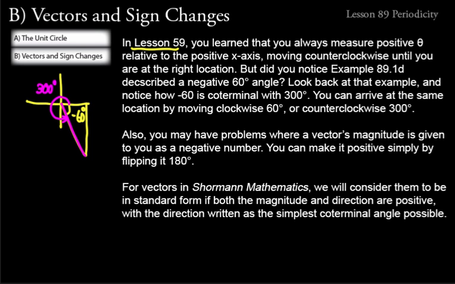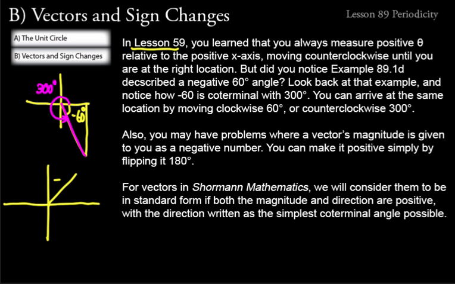Also, you may have problems where a vector's magnitude is given to you as a negative number, and you can make it positive simply by flipping it 180 degrees. For example, a vector that had a magnitude of -5 and an angle of 45 degrees, so it's over here at 45 degrees, and the magnitude is negative.